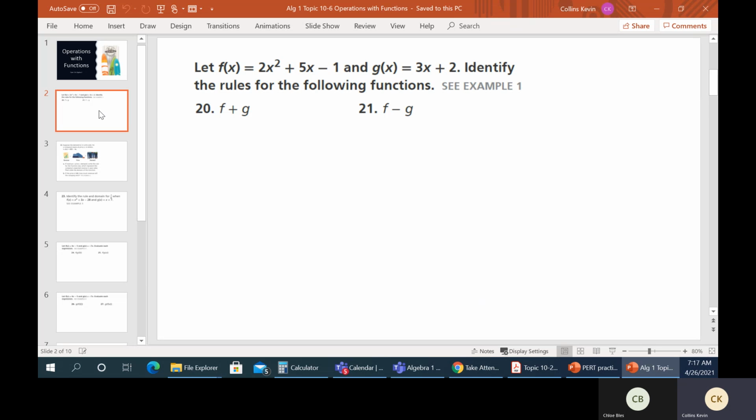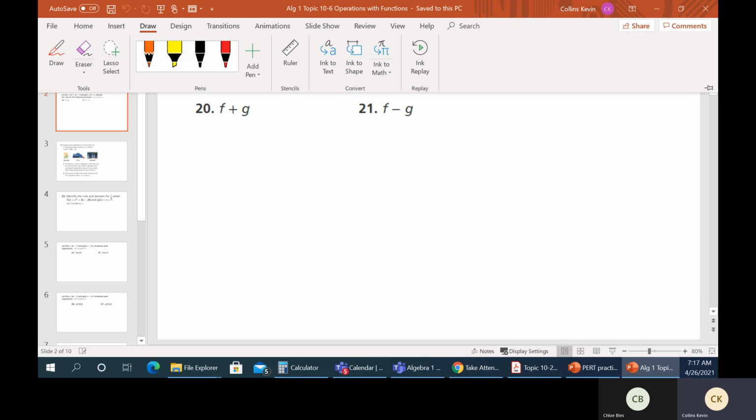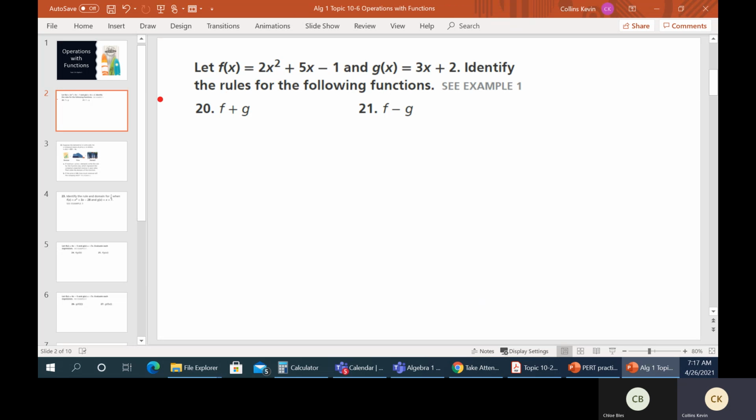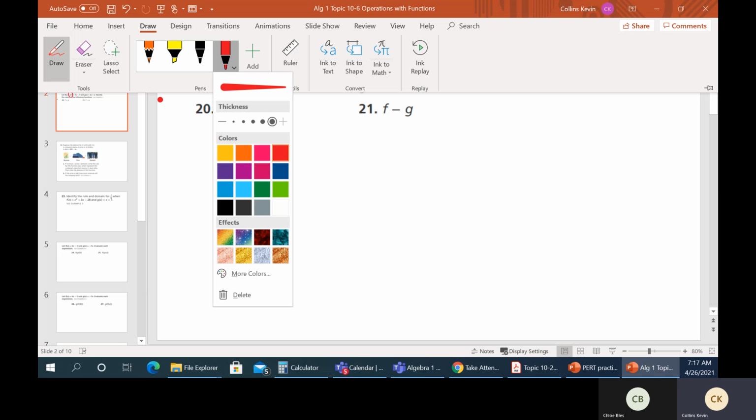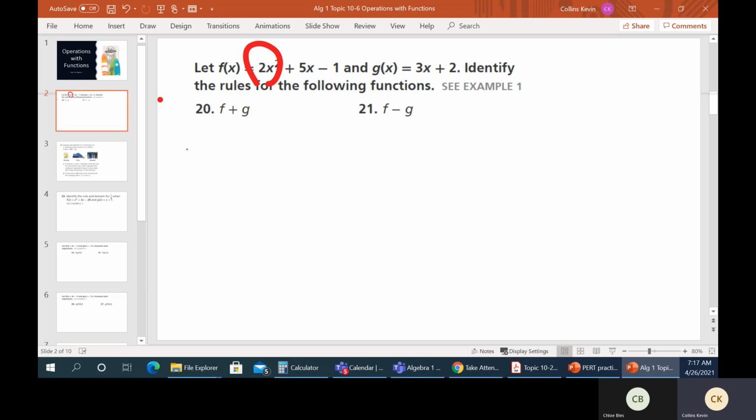In this case, you literally could just look at it and say, okay, I've got a 2x squared, right?